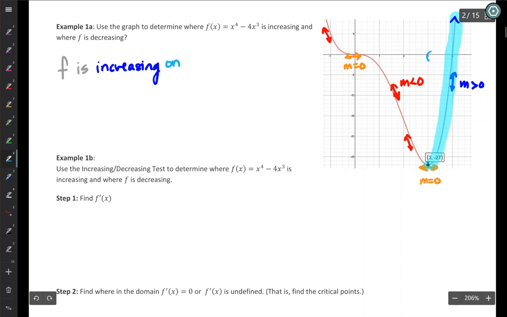So x values strictly greater than 3. And my function, and here f is decreasing on what interval? Maybe I'll change my color here.